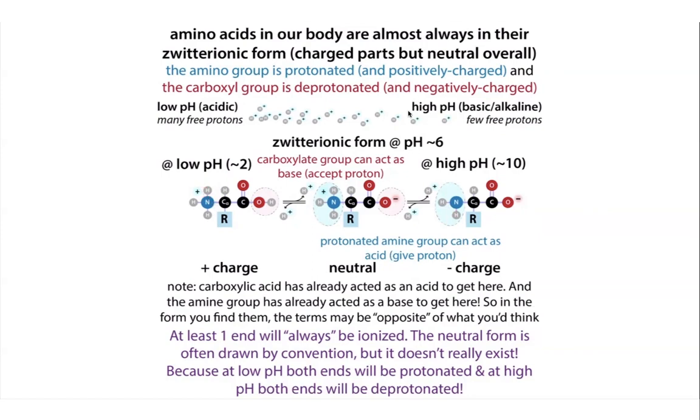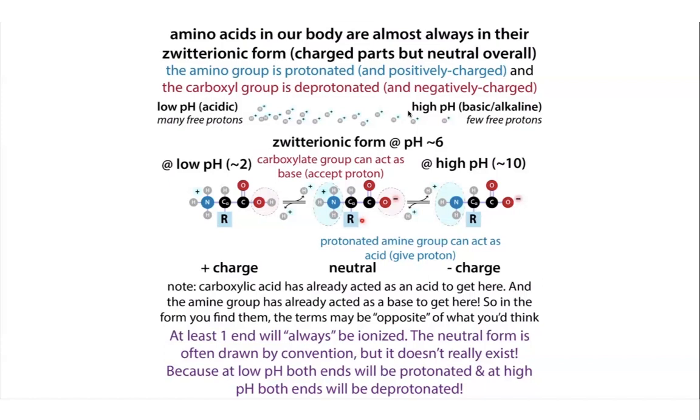So you're always basically going to have the nitrogen bound to at least two hydrogens, but it could grab a third, and this would make it positively charged. At the C-terminus, you have a carboxylate group, which can be protonated and thus neutral, or it can be deprotonated and thus negatively charged. So you have these two ionizable groups on every amino acid.